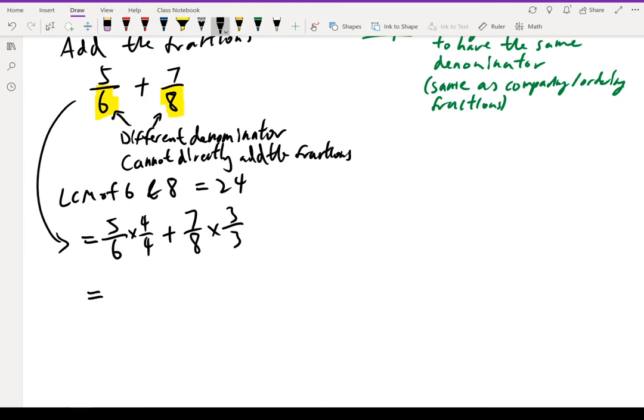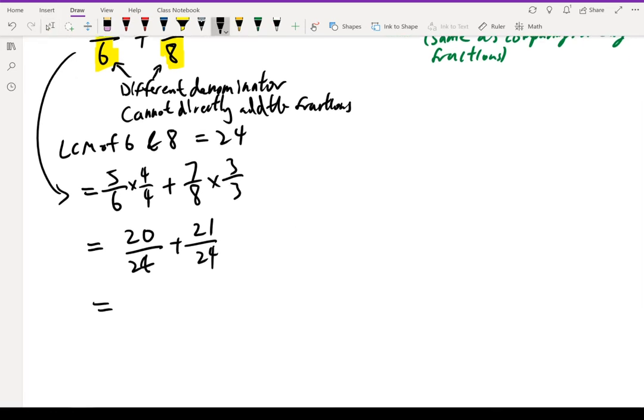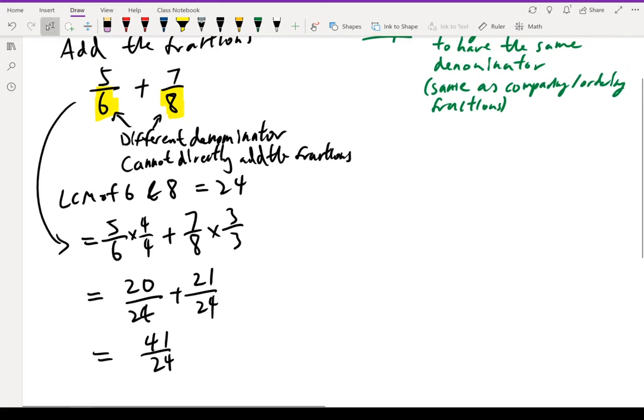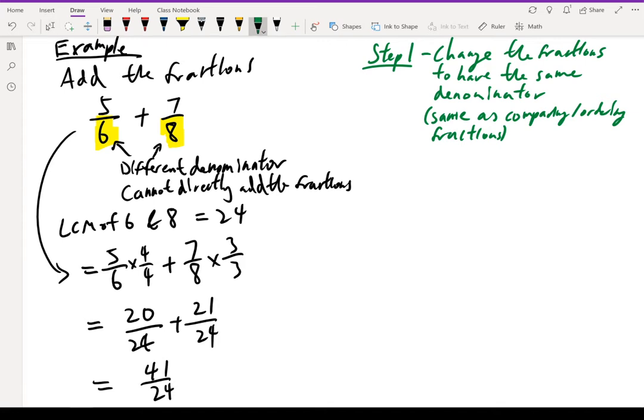After we do that, 5 times 4 is 20/24, plus 7 times 3, which is 21/24, and then we add the two fractions together, and that is equal to 41/24.